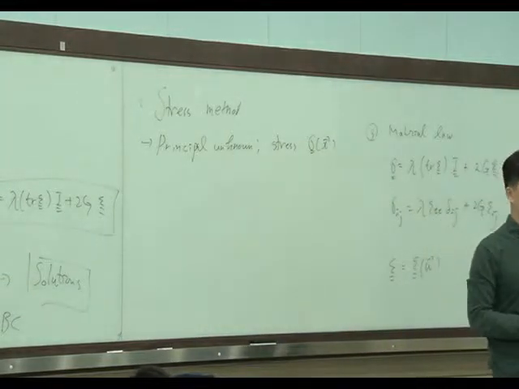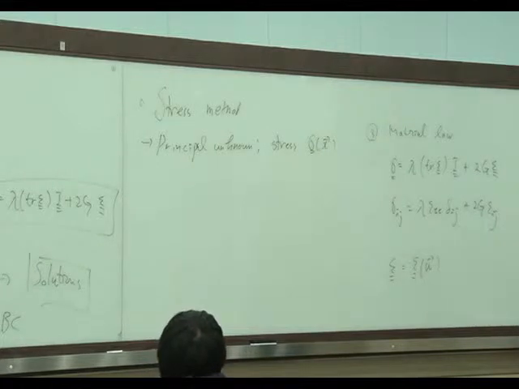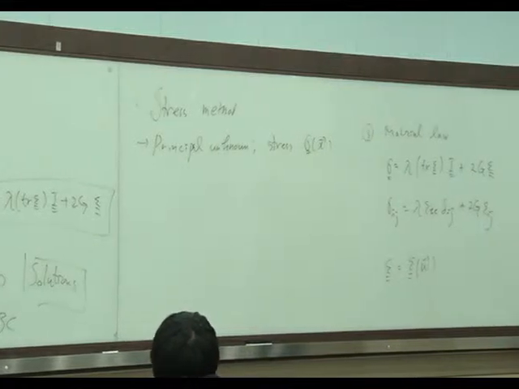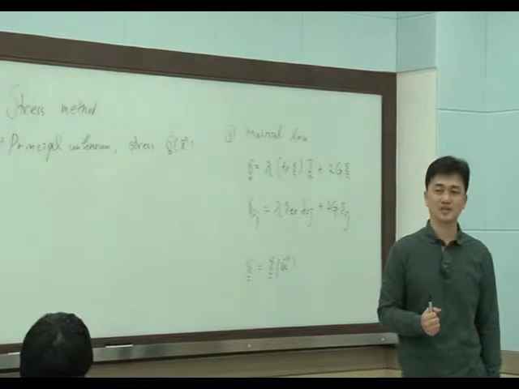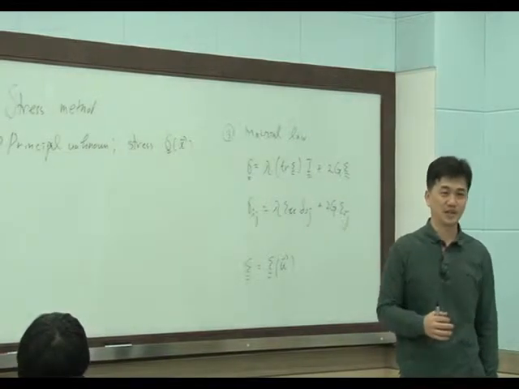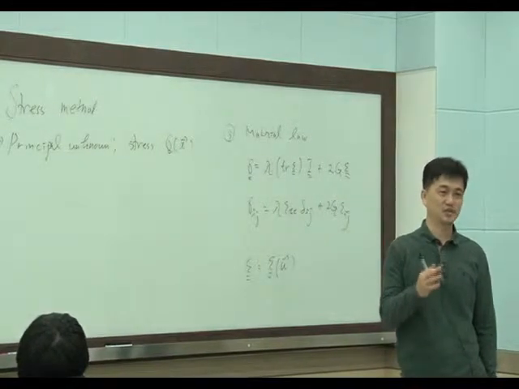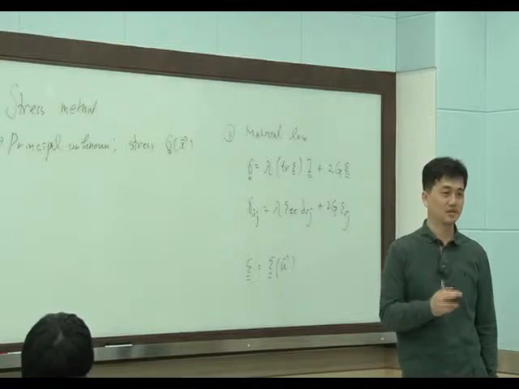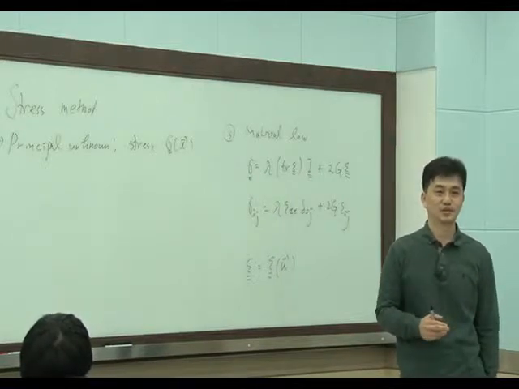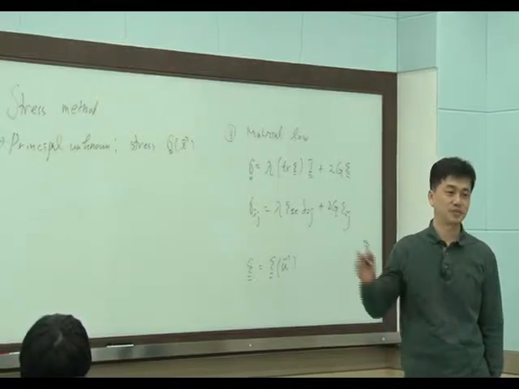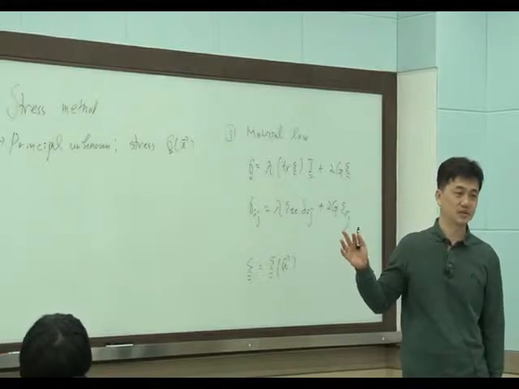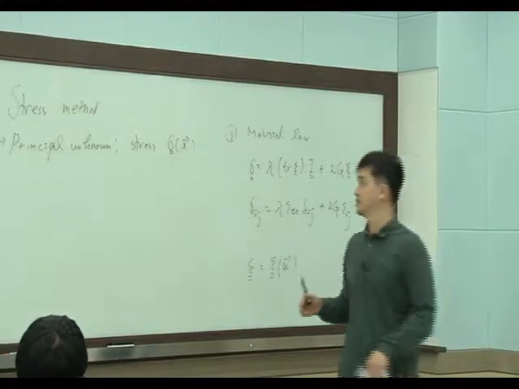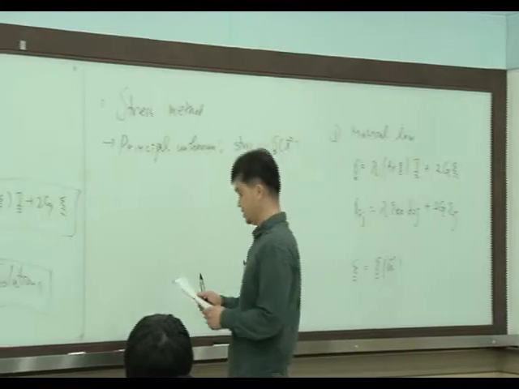Maybe you might ask me why there is no strain method. But the stress method and strain method are both the same thing actually, because between both there is only one relation, the material law. But people like to use the stress method. Okay? So the principal unknown is stress.